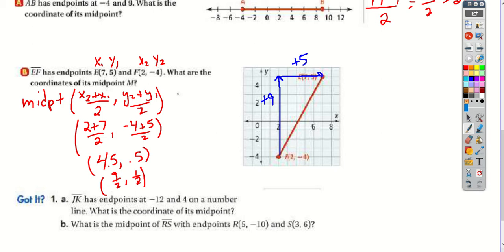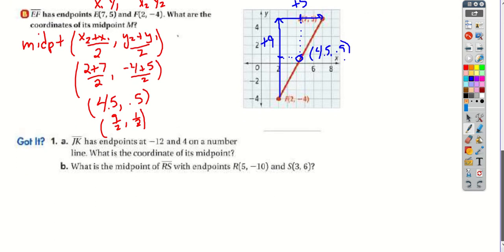So I'm going to go up 4.5, over 2.5, and where those two measurements meet, there's my point. You can read it on the graph: 1, 2, 3, 4.5, comma, 0.5. Those are the two ways that we're going to work on it.